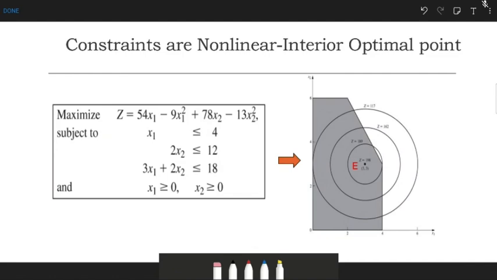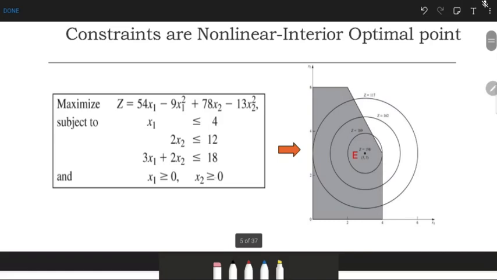But here, this is one example of a non-linear programming such that the optimal point is inside the feasible region. So now we can't sit at the corners of this region and keep searching for the optimal solution. That is not what you're going to do.